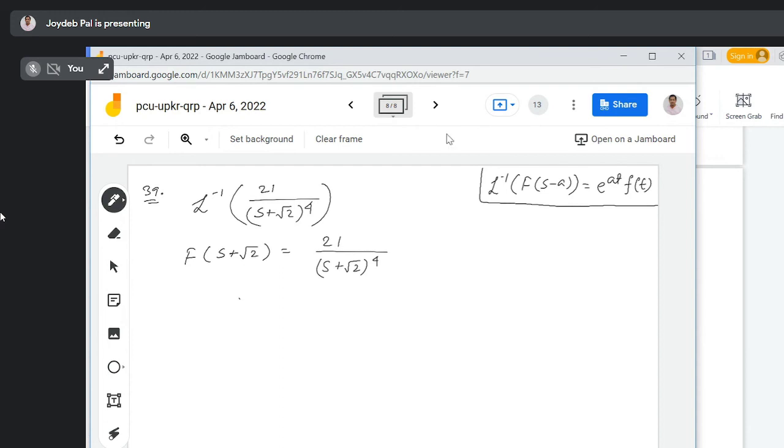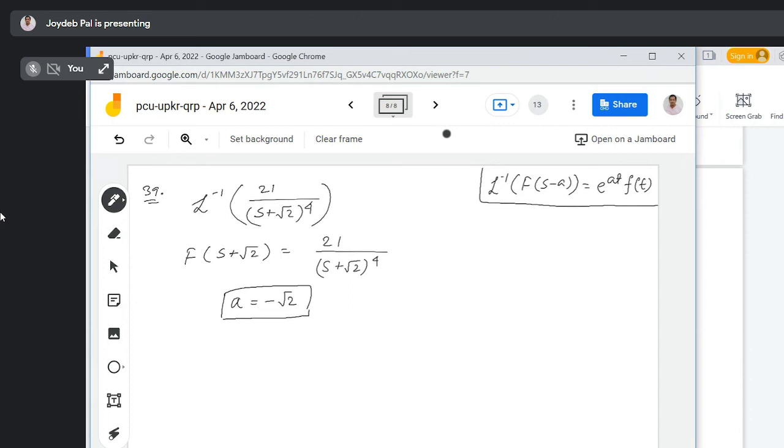Now from that f of s plus root 2, it is clear what a is. Can you tell me the value of a if you compare with the form f of s minus a? Minus root 2. So here we got a, and next we have to find small ft, right? So e to the power minus root 2 t will come, and ft I need.